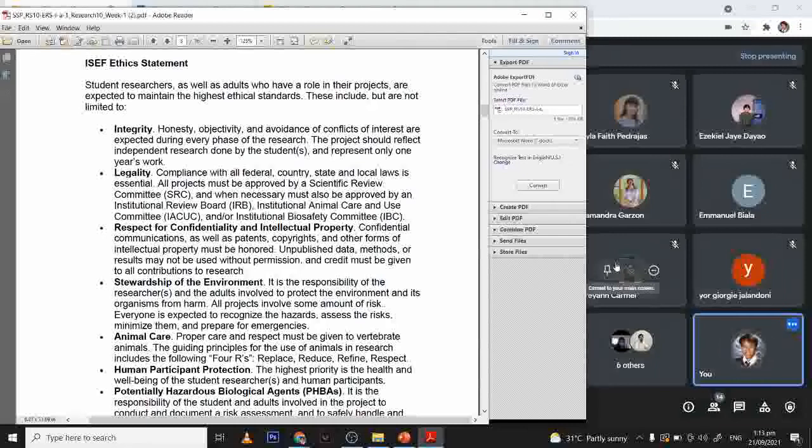Legality, just raise your hands. Yes, Ezekiel. Compliance with all federal, country, state, and local laws is essential.